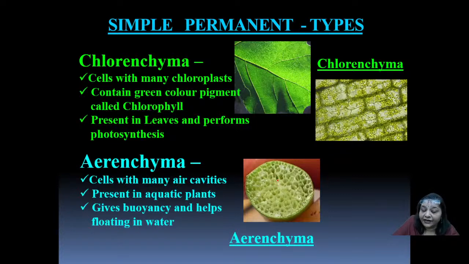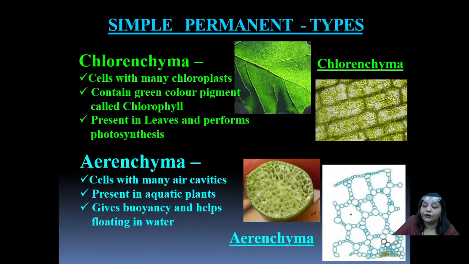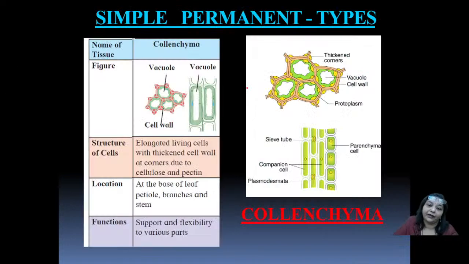These air cavities give buoyancy to the plant and help in floating on water. So Aerenchyma, you can see these are all the air cavities formed by the Aerenchyma tissues. So Chlorenchyma and Aerenchyma are two subtypes of the parenchyma tissues.